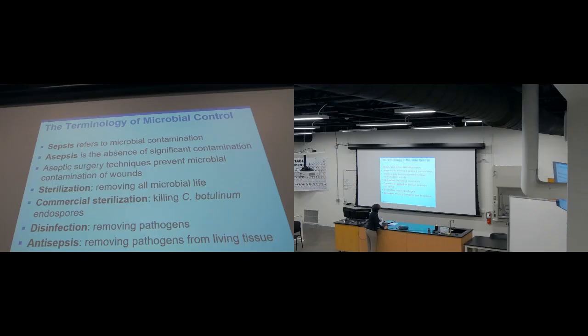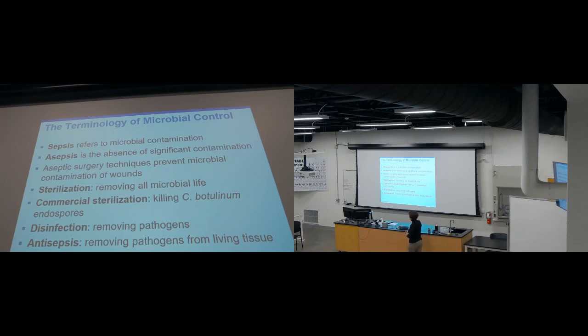And then we have disinfection, which is removing pathogens from an inert surface. When you use a chemical to get rid of germs on your skin, and it has to be something that can be used for that, you cannot use everything, in that case you call it antisepsis.